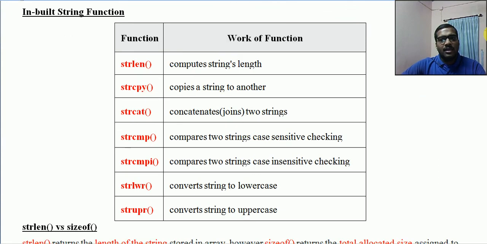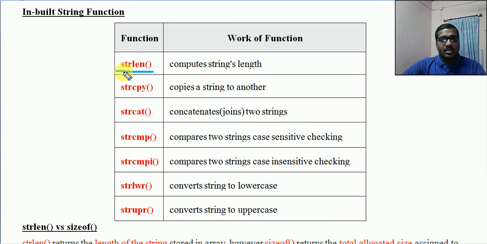Now the major string handling functions are, first one is strlen. Just listen to the function strlen. All the letters are small letters. C language is case sensitive, so we need to be very careful about the names of functions. It is to be used as it is given in the library.